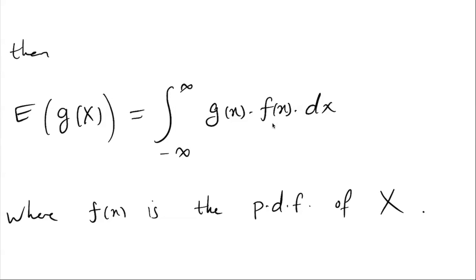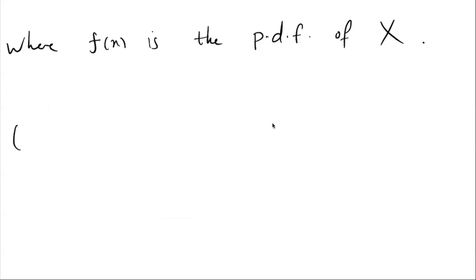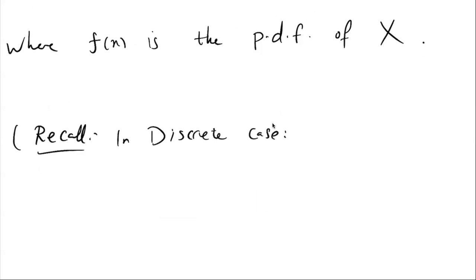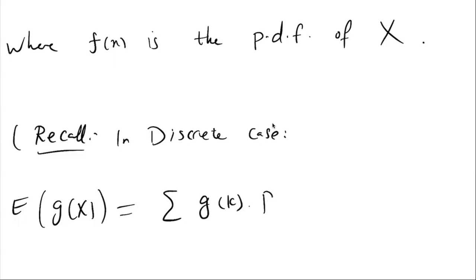See, everything is very similar to the discrete case, except sigmas have to be replaced by integrals. In the discrete case, we said the expected value of g of X is equal to sigma g of k times p sub X of k.